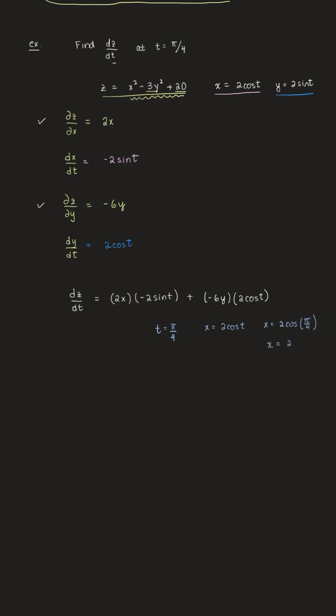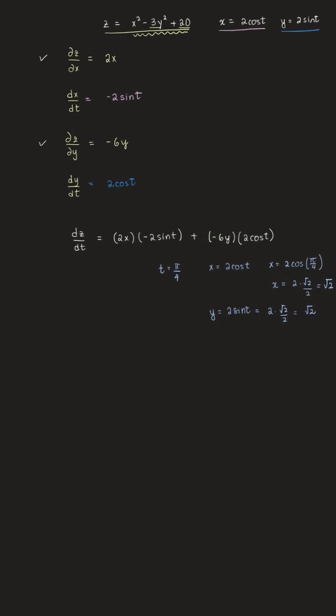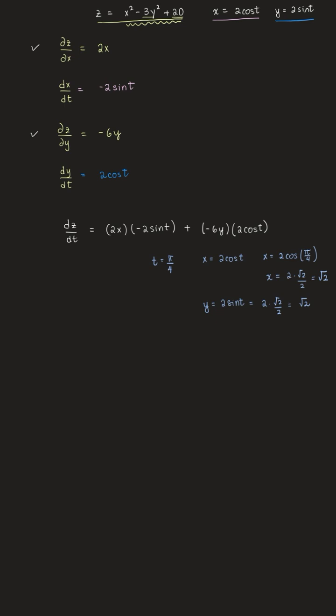So x will be 2 times root 2 over 2, or just root 2. At the same moment, y is 2 sine t. Sine of pi over 4 is also root 2 over 2, so this will be 2 times root 2 over 2. So we're also going to get a square root of 2 for the y value when t is pi over 4.